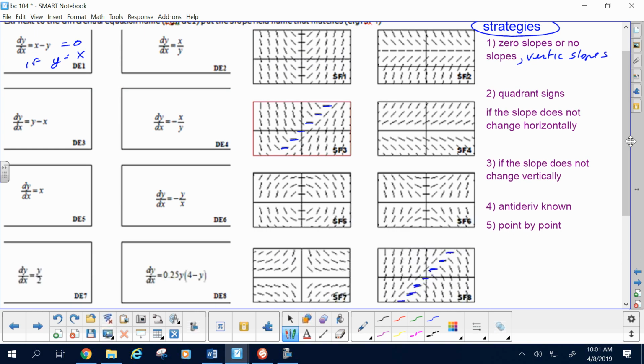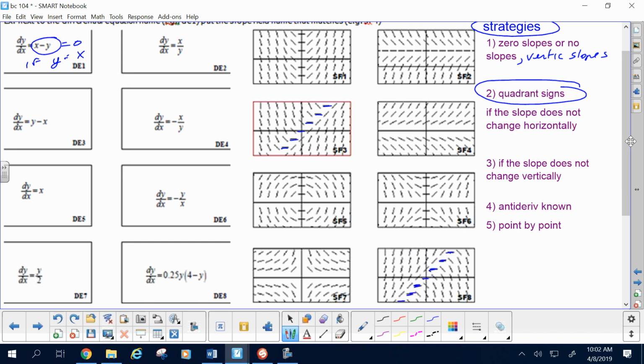Okay. After that, you could do quadrant signs. Now I typically do quadrant signs. Well, let's just talk signs. When is that going to be positive?